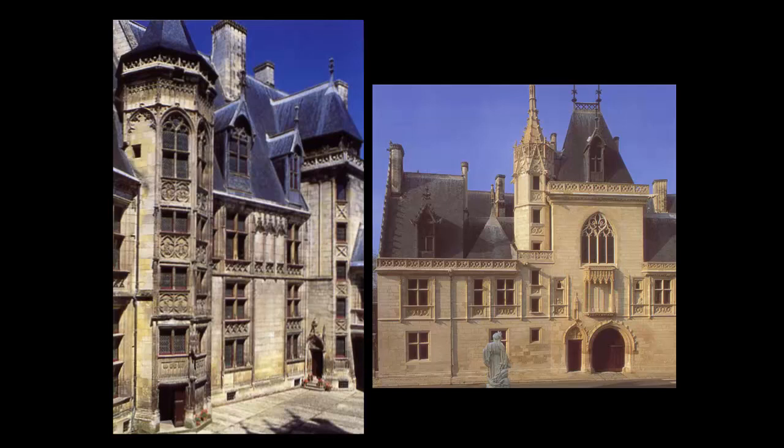And this is really the rise of, which you might have heard before, the bourgeoisie. These are wealthy individuals who are expressing that wealth through building these large homes and living how they see the nobility live.